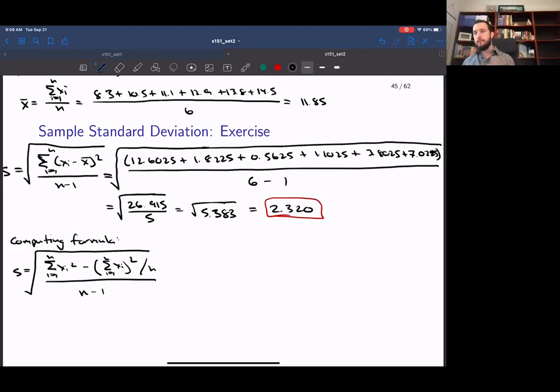So in this situation, we need to work out the sum of the xi squared and the sum of the xi so that we can square that number.